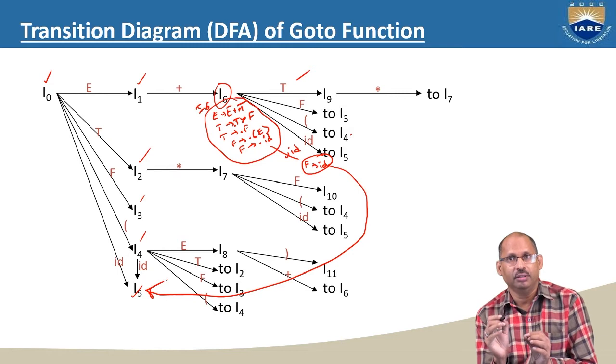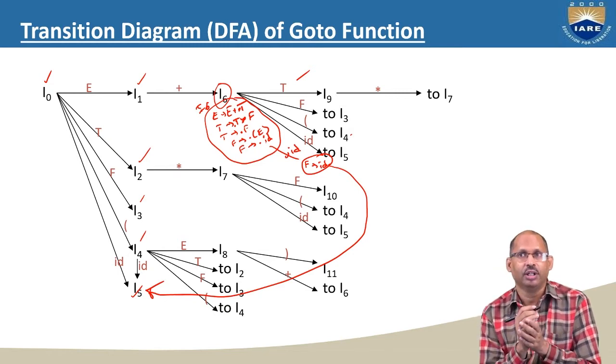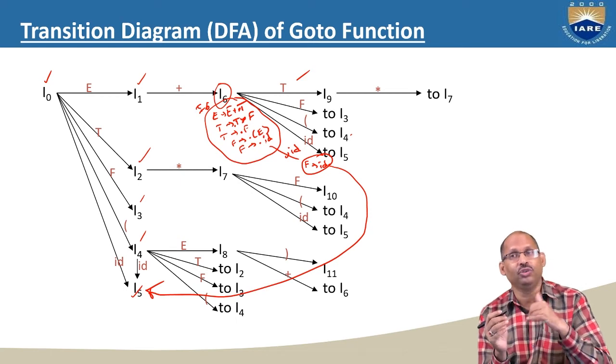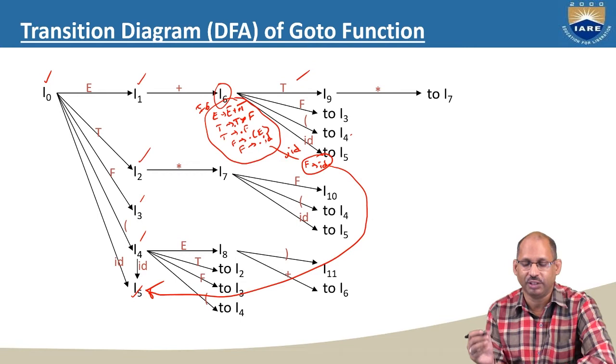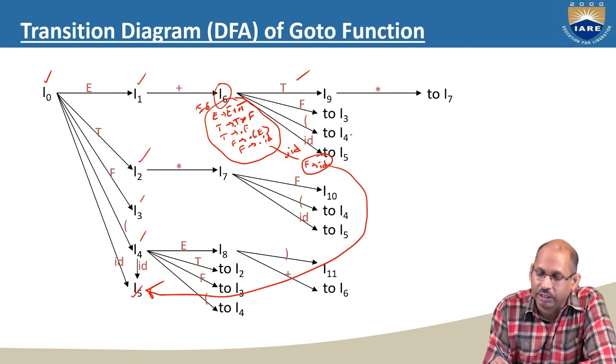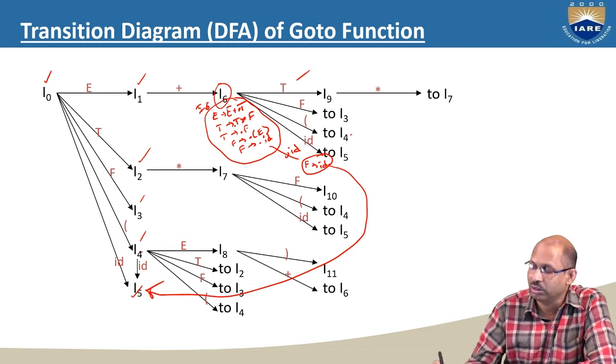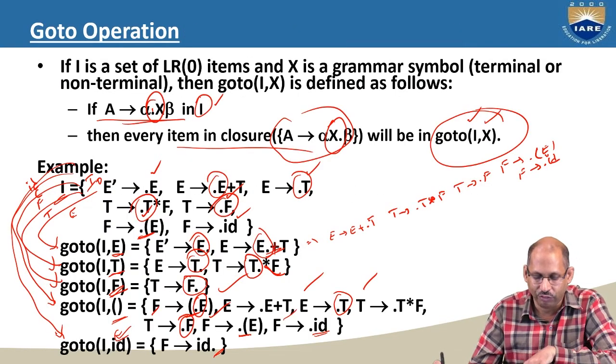We have the same production in I5, so we won't create a new closure set. Simply we connect to the previous one. So dot E will result in the same I4. Look at I4, same.